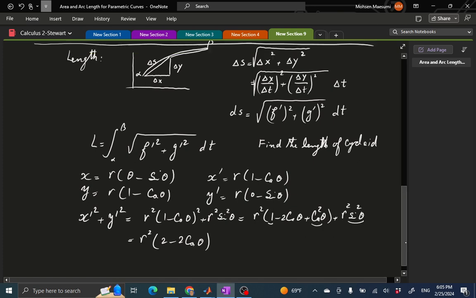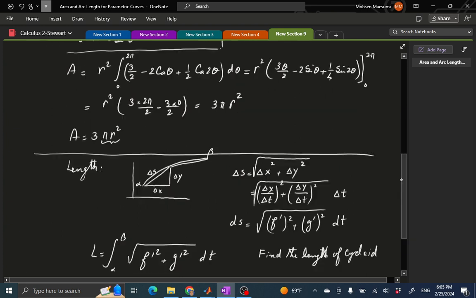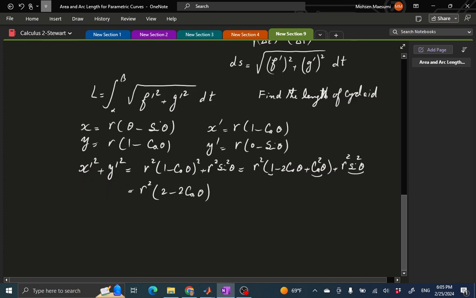Now just a second ago we had the identity: cosine of 2 theta is 1 minus 2 sine square of theta.